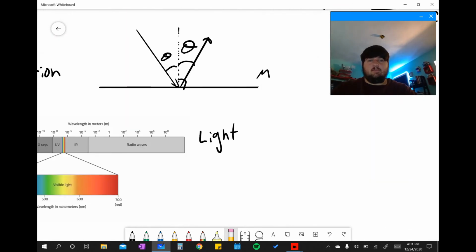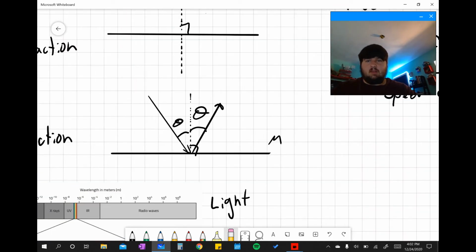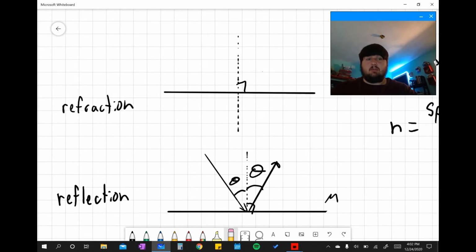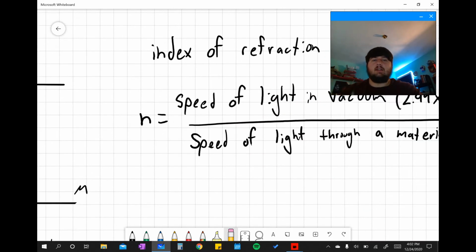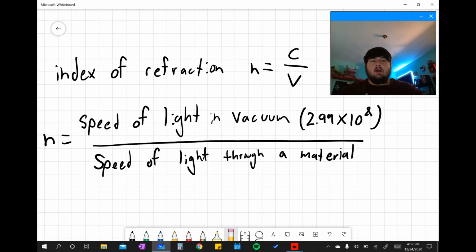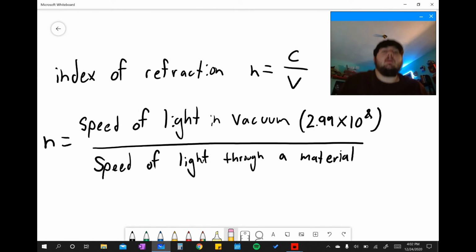So we covered light, we covered reflection. Now we're going to go to refraction. Before we move to refraction, there's one concept you need to understand which will make it a whole lot easier. Do you remember when I was talking about how light moves at different speeds through different materials? Well, this is where it comes into play.